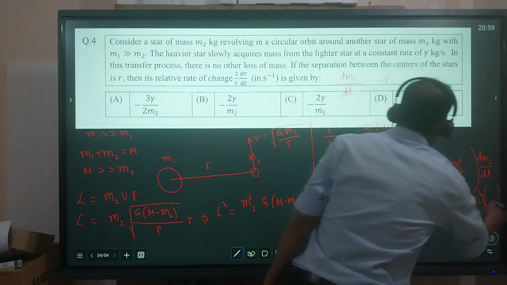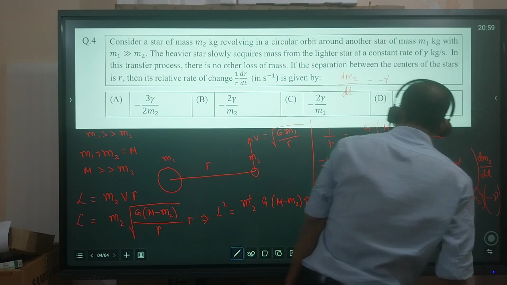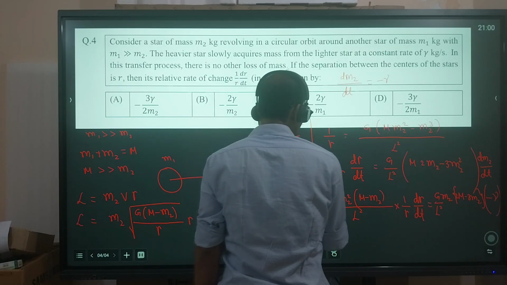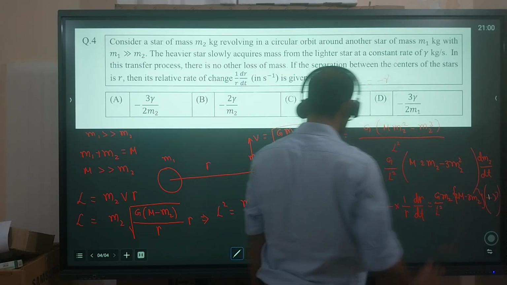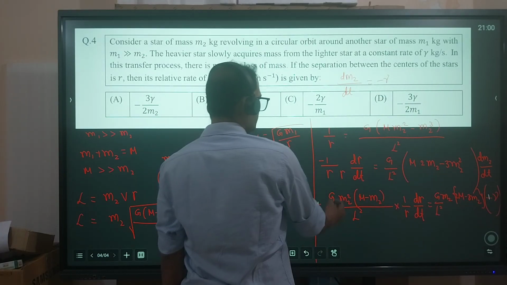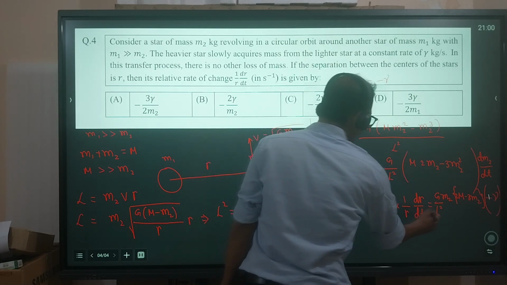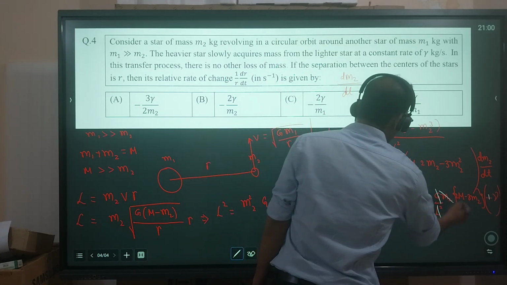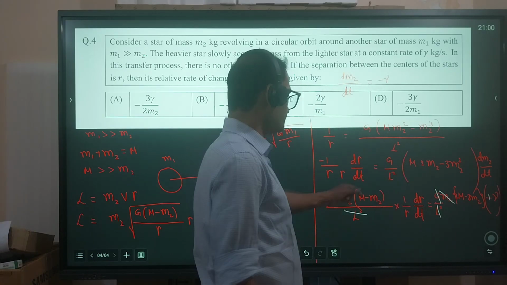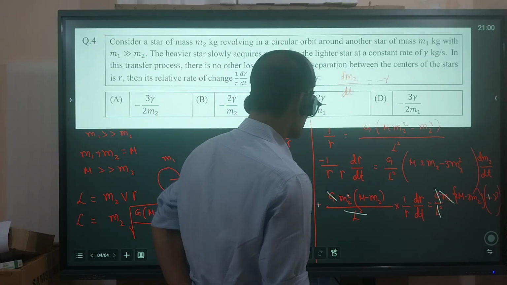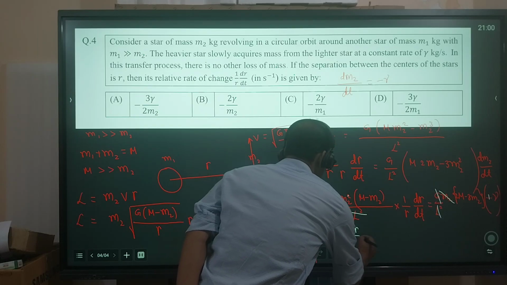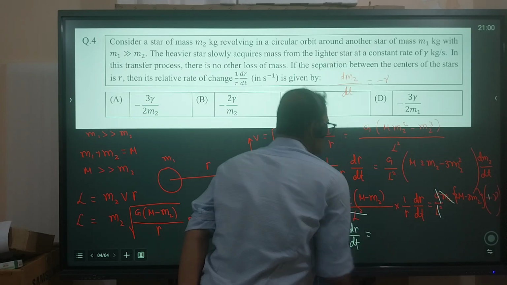So I will write a minus gamma here. So what happened here? This thing becomes plus. We don't have to worry about it. G by L square will get cancelled. One of the M2 is also getting cancelled. One M2 is still there. So 1 by r dr by dt, this thing we have to find.